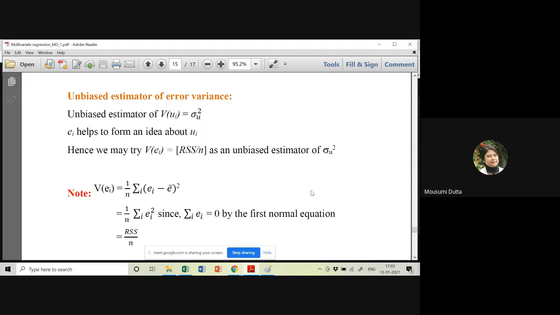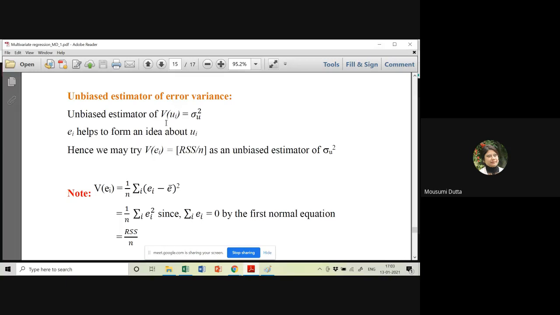Now, the unbiased estimator of the variance of ui, which is equal to sigma u squared, that we need to find out. To derive it, we may start from the variance of ei. Why?